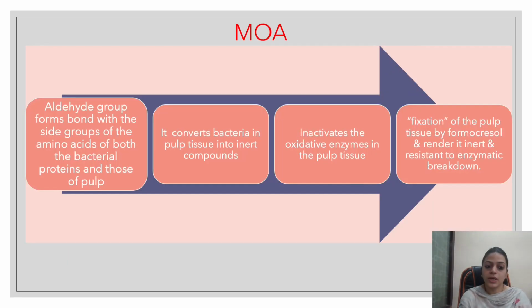The mechanism of action is that the aldehyde group, because it has formaldehyde, forms a bond with the side groups of the amino acids present in the bacteria and in the pulp tissue. So this converts bacteria into inert compounds and inactivates the oxidative enzymes present in the pulp tissue, and thus causes fixation of the pulp tissue. It renders it inert and resistant to enzymatic breakdown.